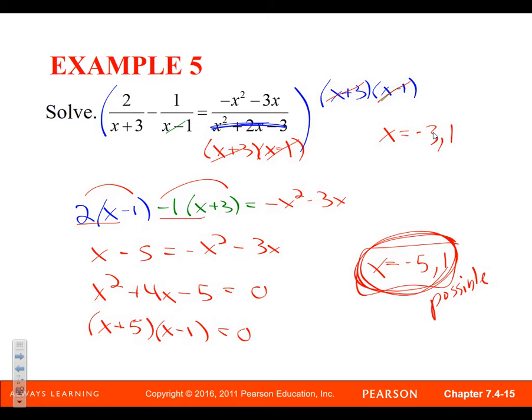So my only possible solution would be x equals negative 5, because the other one would make one of the fractions undefined. And all I really had to do was say, okay, looking here, I can't have those two in the denominator, right?